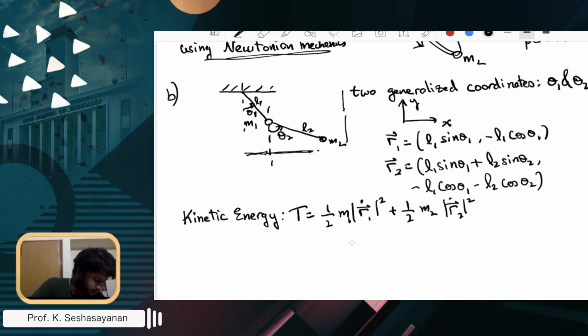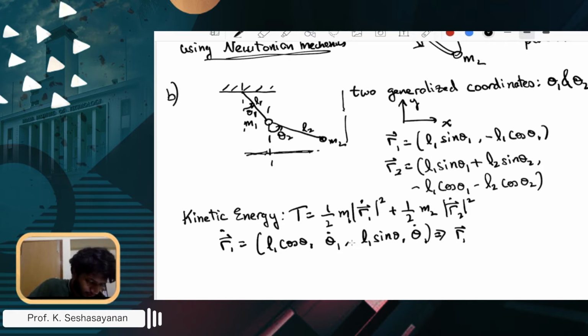So we can write r1 dot as nothing but, we take the time derivative of this term, so we get L1 cos theta 1 times theta 1 dot. And when we take the time derivative here, we get L1 sin theta 1 times theta 1 dot. So this implies r1 vector dot square is nothing but this component square plus this component square.